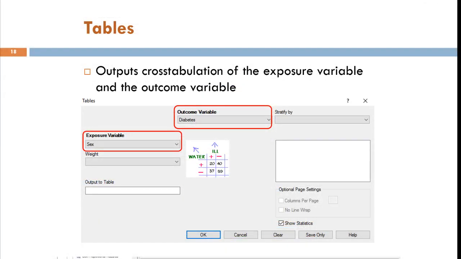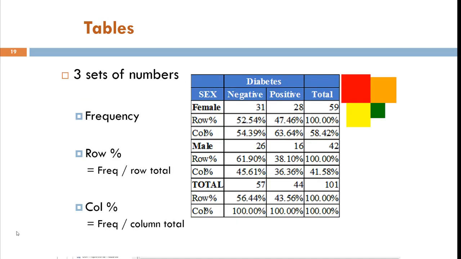Let me see if that's actually in our PowerPoint so that it would be larger here. So here is the table output that we have from the tables command. As you can see, there are three sets of numbers: frequency, row percentage, and column percentage. You've already had a lecture in tabular presentation, so I expect you to be already familiar with this.